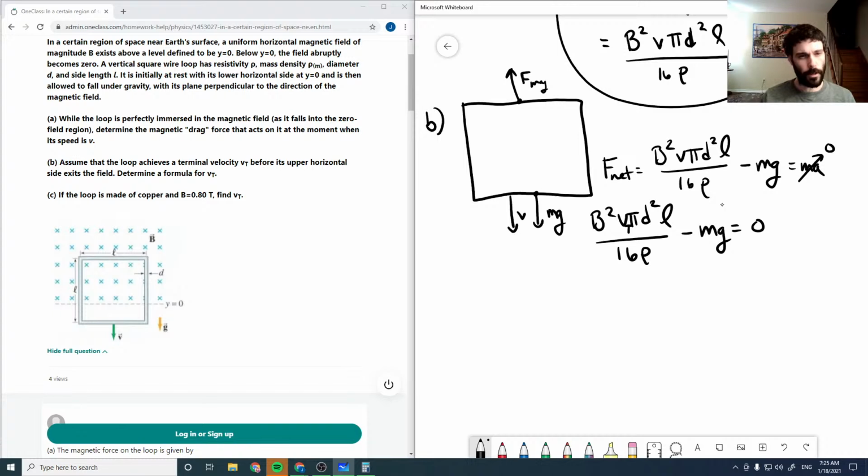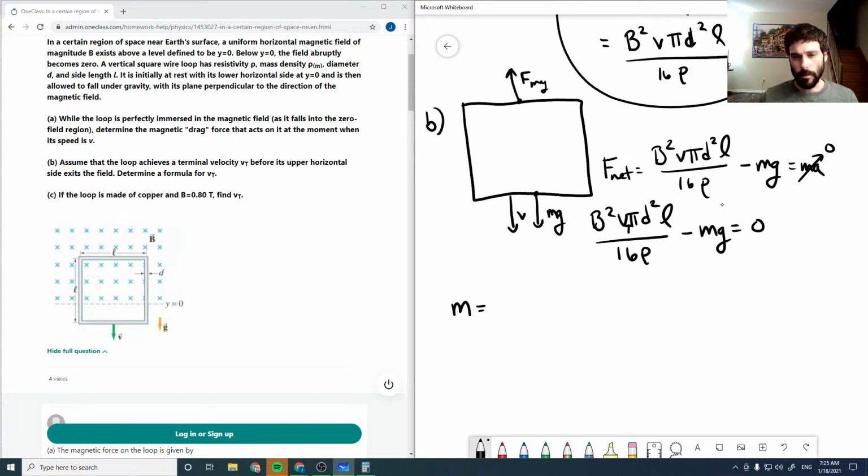First of all, we were told that we have a mass density rho m, not a linear mass density, but just a mass density.